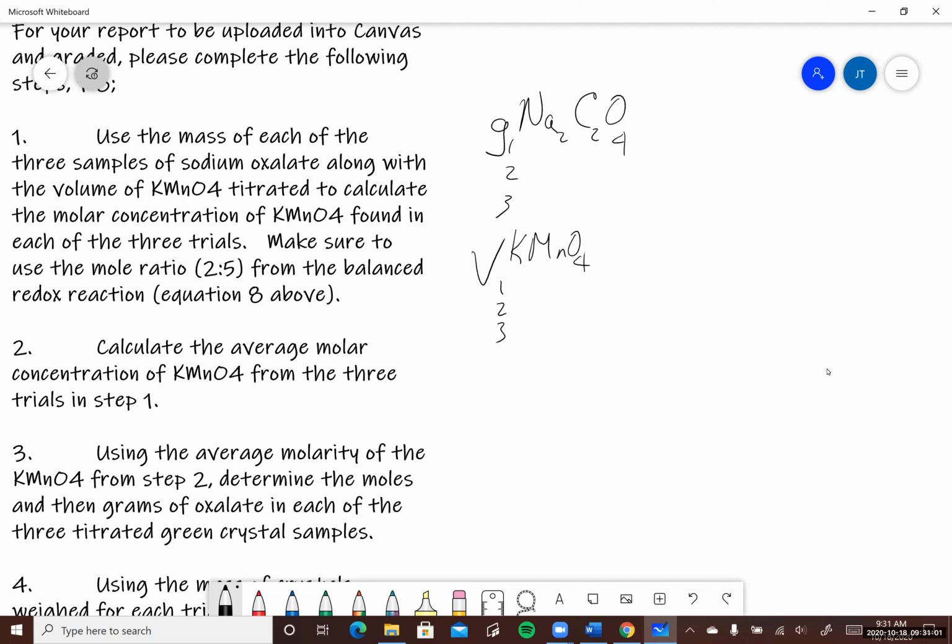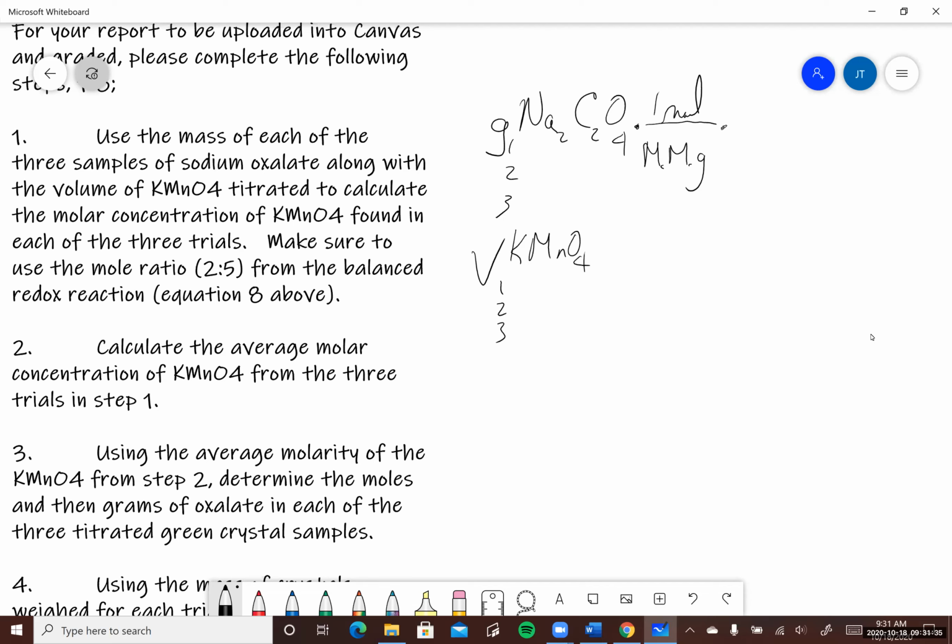So what we need to do is we need to take the grams in each case and convert that to moles. So I need the molar mass of this, and you can calculate that in grams per mole. Then I have the moles of the sodium oxalate, and I want to find out how many moles of the potassium permanganate must have been there to react with it for each one of the titrations.